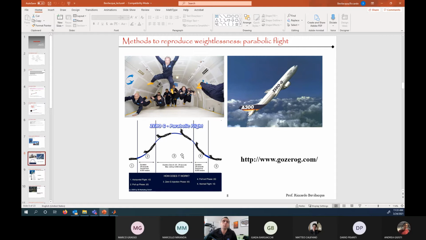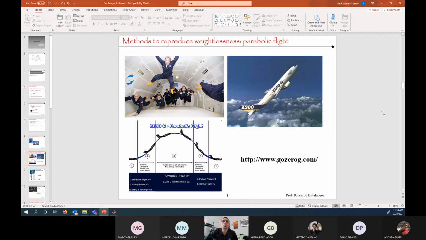They put you on an airplane inside the cargo bay, and the airplane follows, as I said, for 30 seconds or so, here it says 29, a parabolic trajectory that removes your weight, your reaction force.